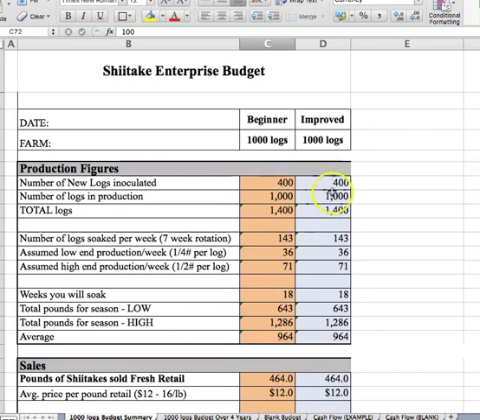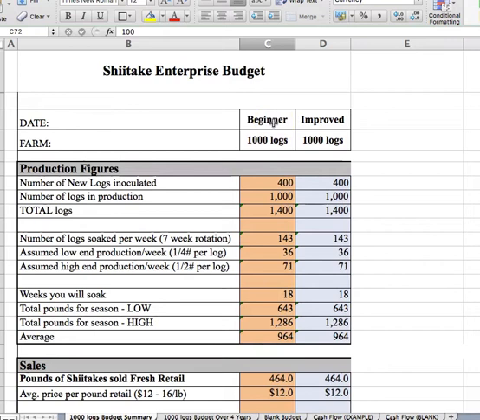All right, so this first sheet is basically just the overall budget showing 1 year at 1,000 logs, so starting off at peak production, what that would look like. The reason we chose 1,000 logs was based on this data, based on the average price around $12 a pound.